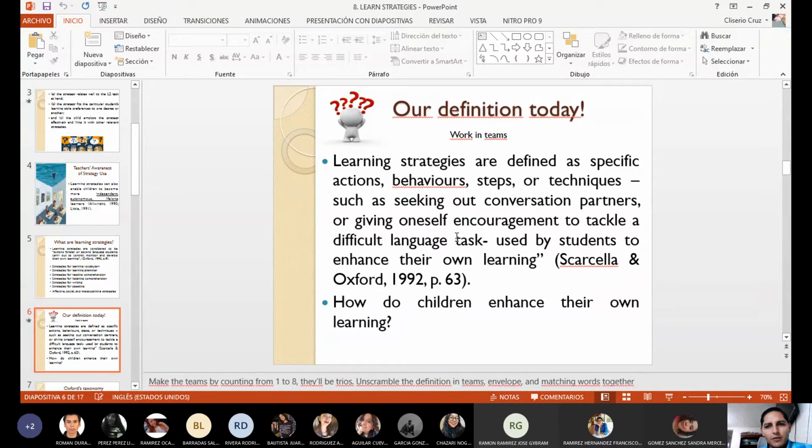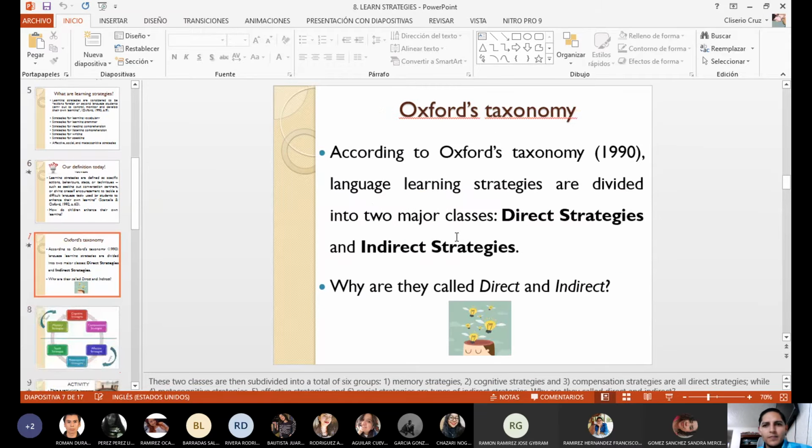By means of scaffolding, by means of routines, by being active, by working on their ZPDs, and by providing them with straightforward input, you know, and by understanding that output will eventually take place, but it's a process.